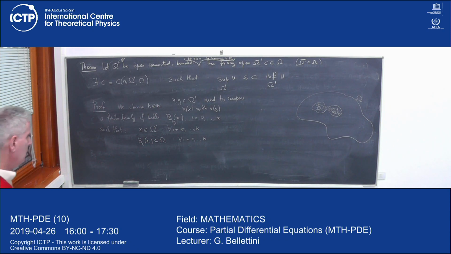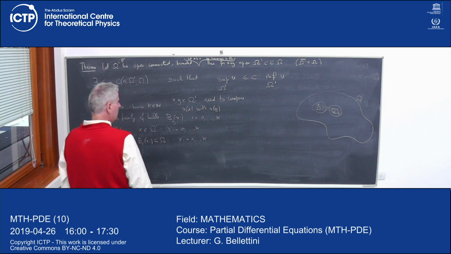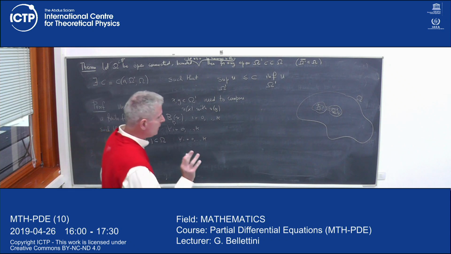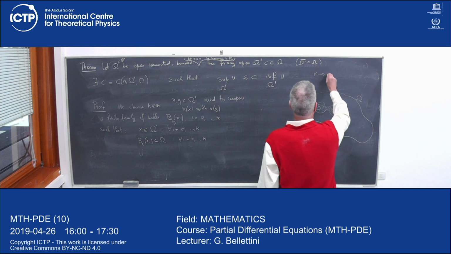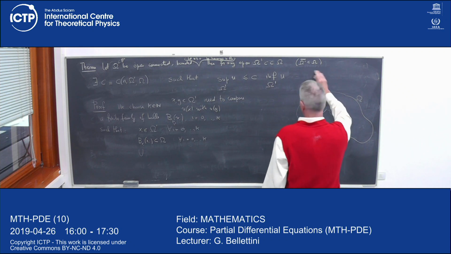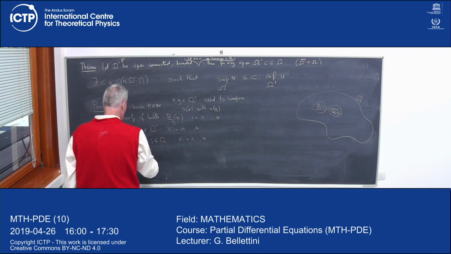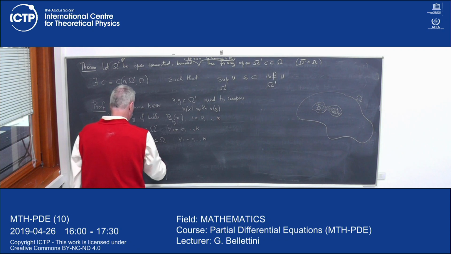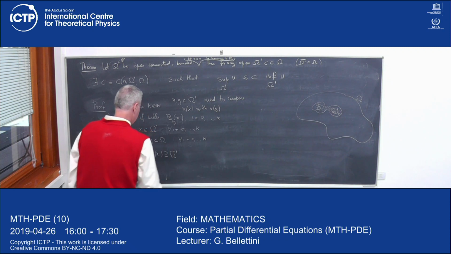Actually I need two radii, not only one radius. So the union from i equals 0 to k of B_{r_i/4}(x_i) contains omega prime.